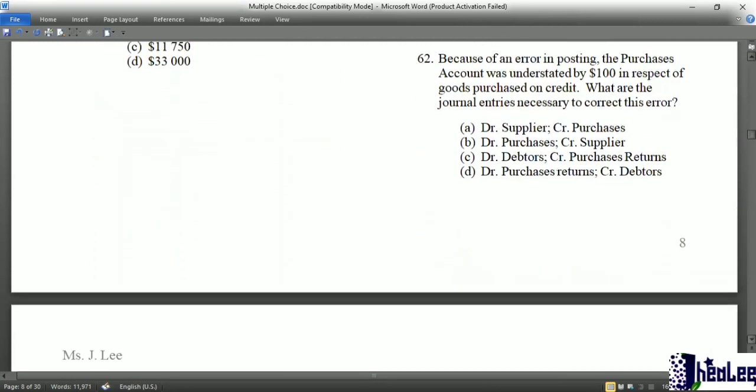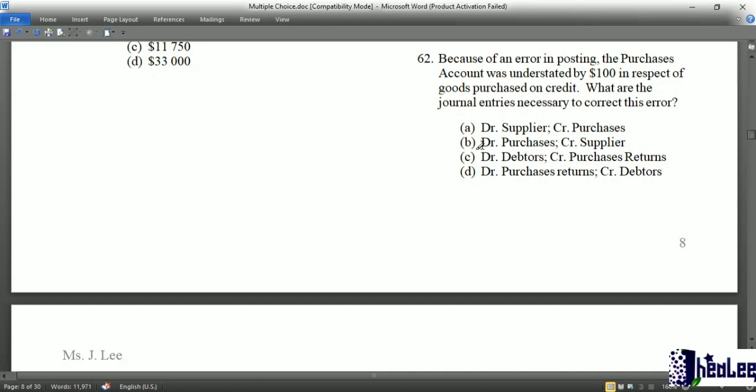Moving into 62. Because of an error in posting, the purchases account was understated by $100 in respect of goods purchased on credit. What are the journal entries necessary to correct this error? And you would have to debit your purchases because it was understated.